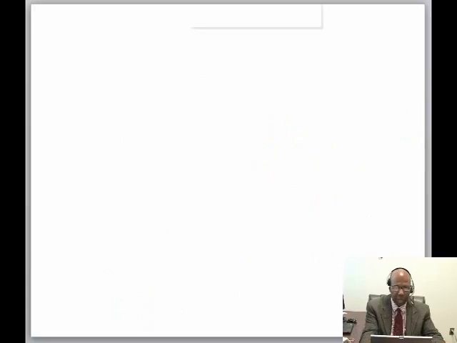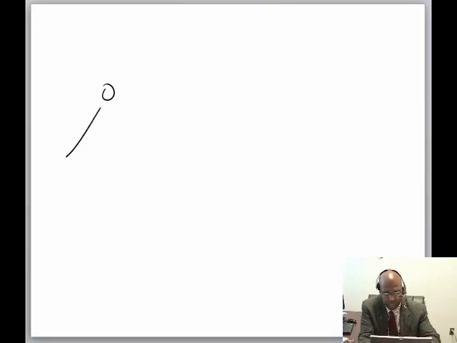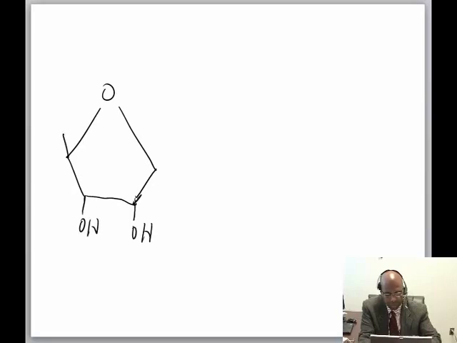Our parent compound is going to be ribose. And so ribose, again, it is a furanose, just like the fructose we just drew. Okay, I'm going to draw ribose first. Remember, these both go down, OH, OH, and this goes up, CH2OH.